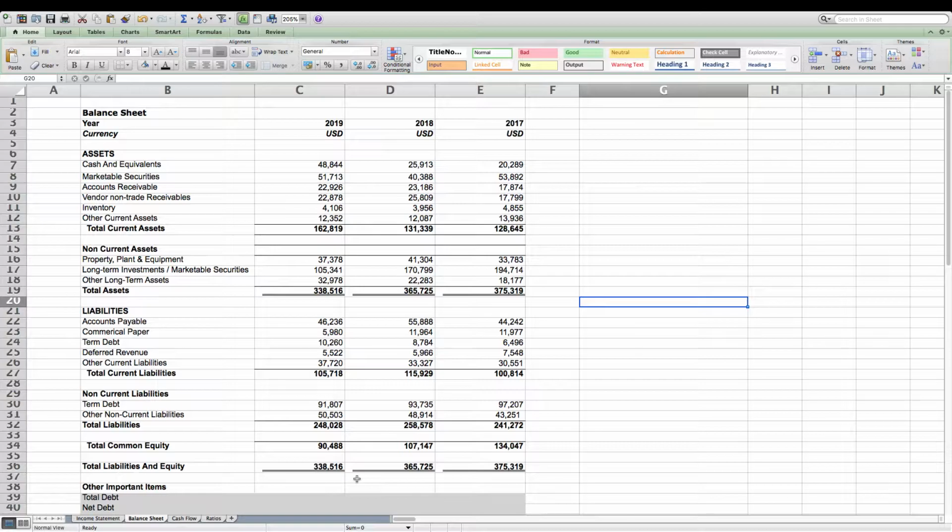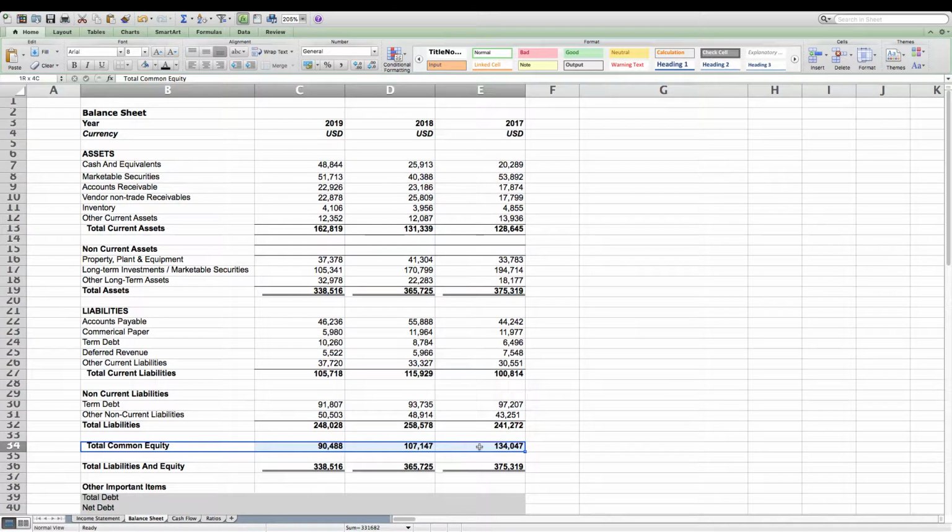So once we have transferred over all of this financial information, let me just spend a minute to recap some of the information that we learned in the previous course. So when we think about a company's balance sheet, it's split into assets and liabilities, and then we've got a common equity line here.